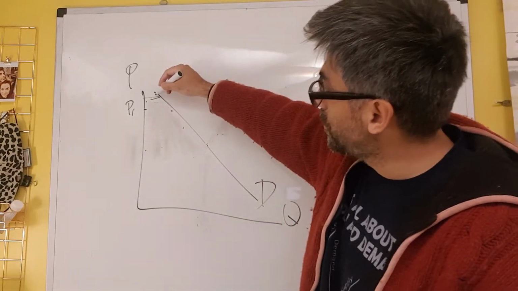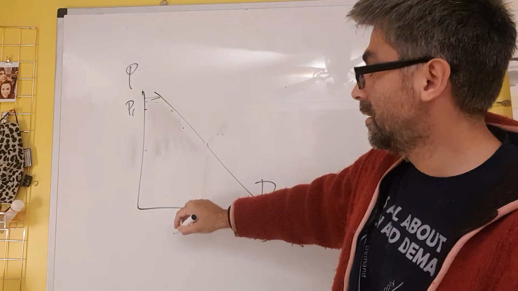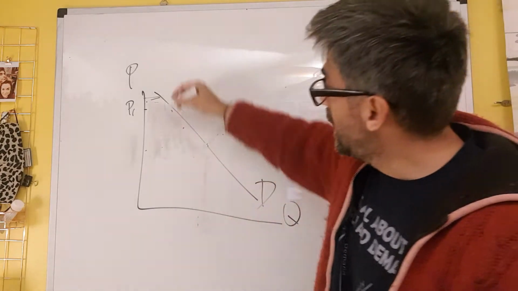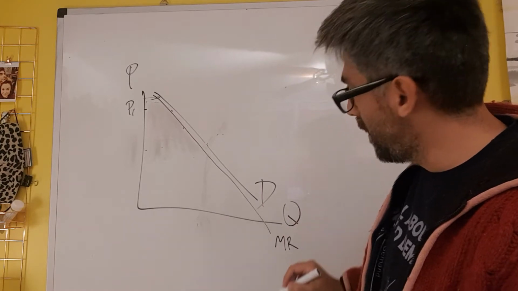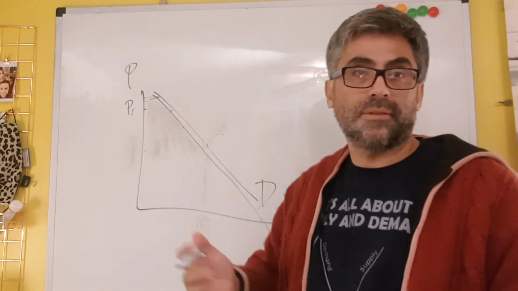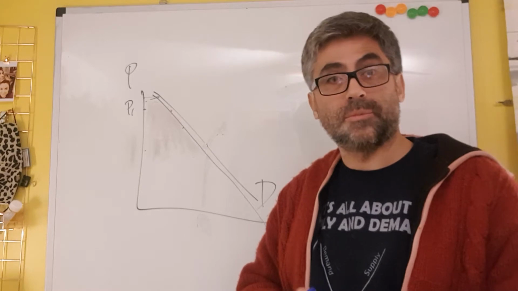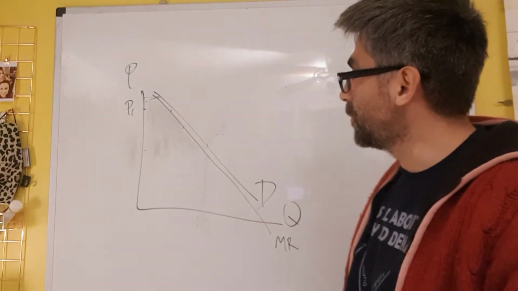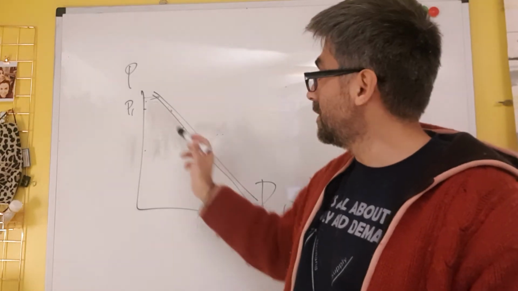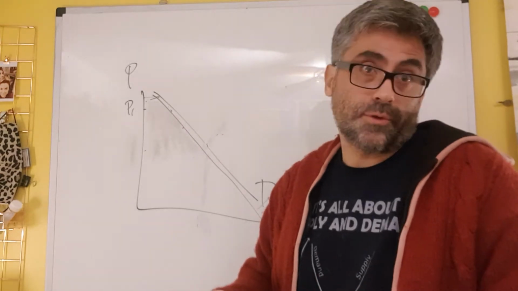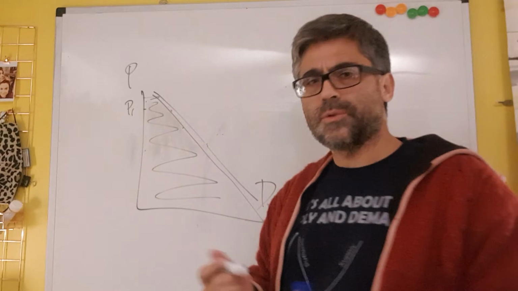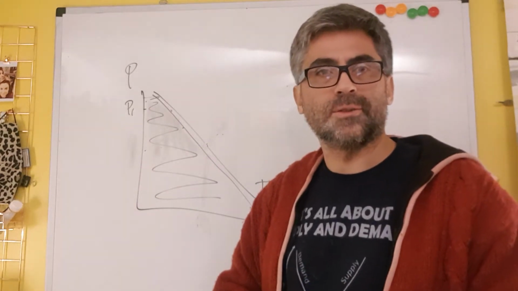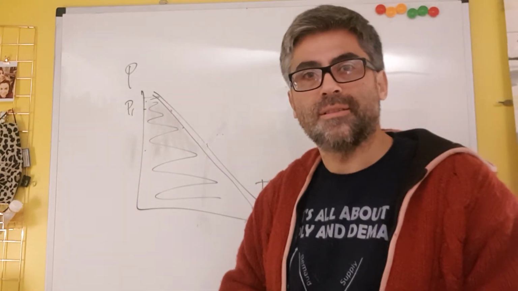So the marginal revenue, instead of diverging from the demand curve, follows the demand curve, because they'll sell at the price you're willing to pay, which is fantastic for the producer because it all becomes producer surplus. There's no surplus for the consumer because he doesn't benefit at all.